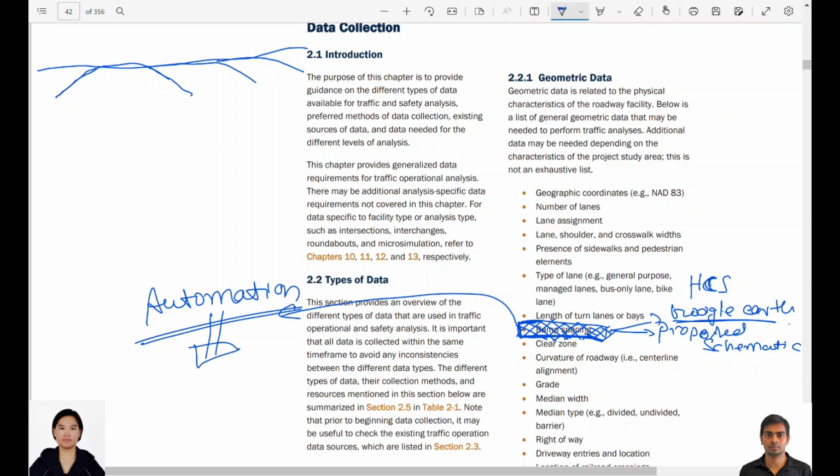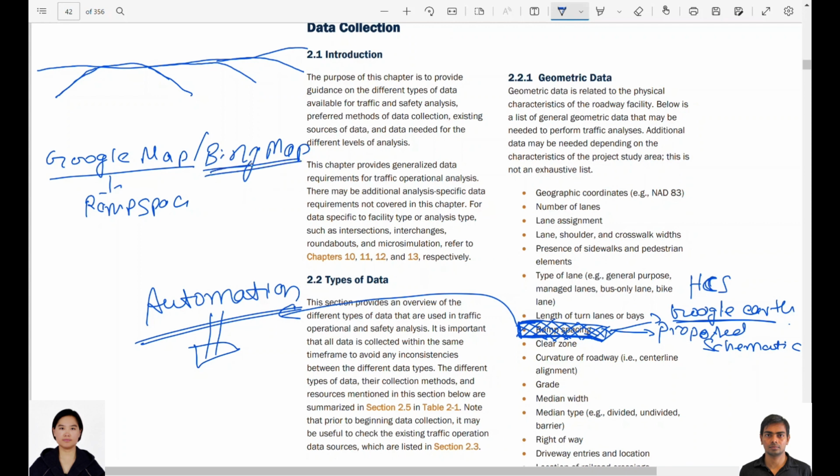So the way it works is we have Google Maps. In the past, from Google Maps we get ramp spacing, or recently Bing Maps is used a lot, so I will mention Bing Maps here because Bing Maps is available in most of the software, and Google Maps and Google Earth are available outside. So from them we get the ramp spacing, we feed it to SCS and other Excel based tools, and then we get the results.